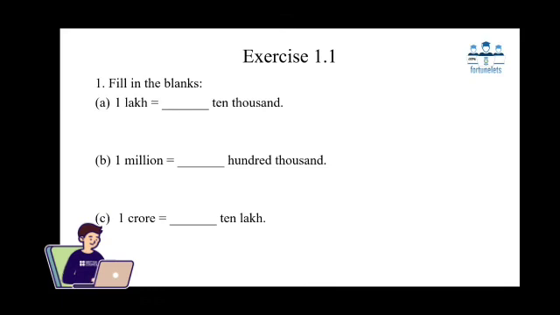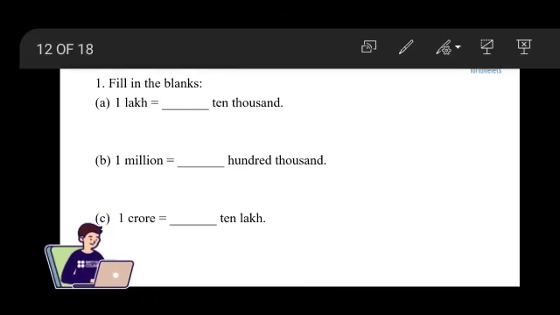Exercise 1.1. Before moving on to the exercise problem, let's make a table so that it will be easy for you to convert lakhs to thousands or crore to lakhs or million to hundred thousands, like that. We know that 10 multiplied with 10 gives 100.